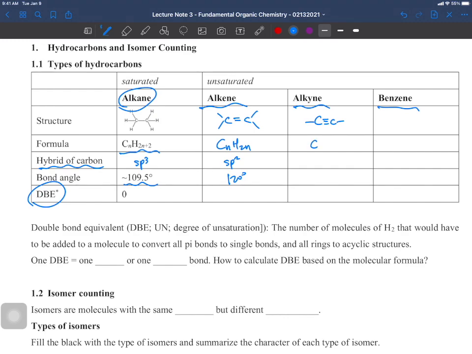And similarly, there will be 2 fewer hydrogens, the hybridization will be sp, and the bond angle will be 180. So we are focusing on the CC double bond and the CC triple bond in alkenes and alkynes, right? Don't ask me why it's called alkane, alkene, and alkyne. To be honest, when I first learned this in English, it was also confusing to me.